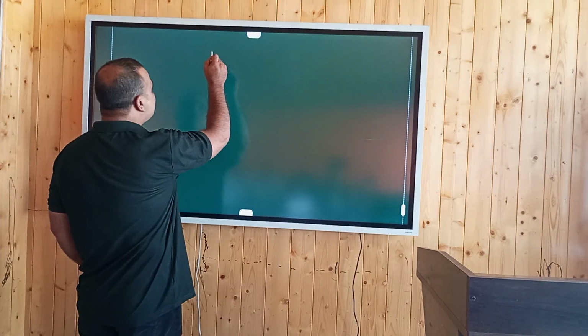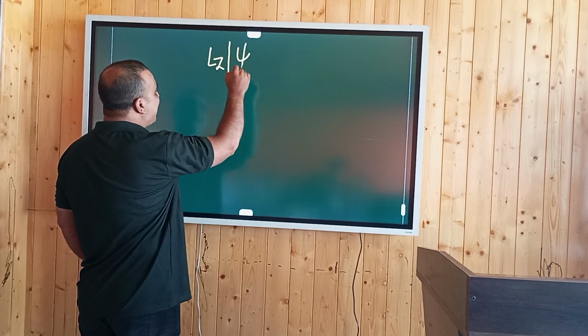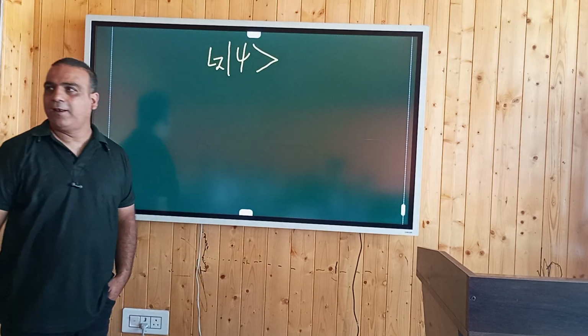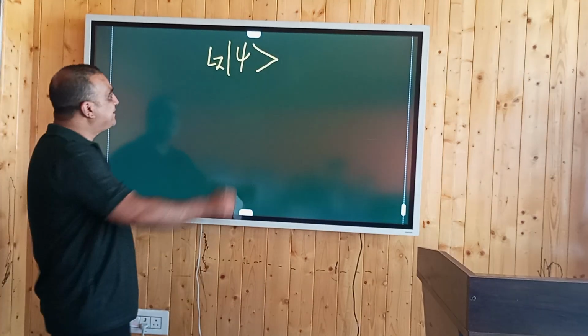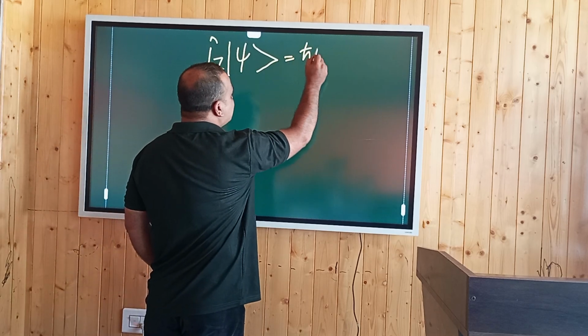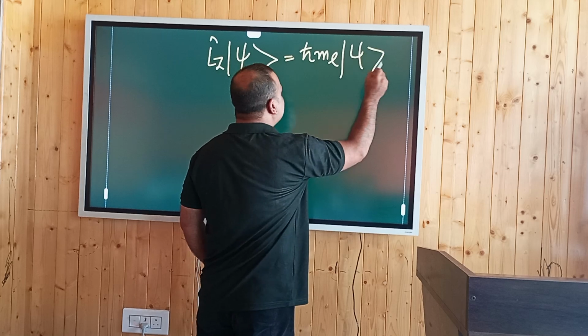Come on. You remember your problem of angular momentum? If you have LZ acting on psi, what you are going to get out of it? Come on. Now this LZ is an operator. You have H cross and L, and you will get your same state.